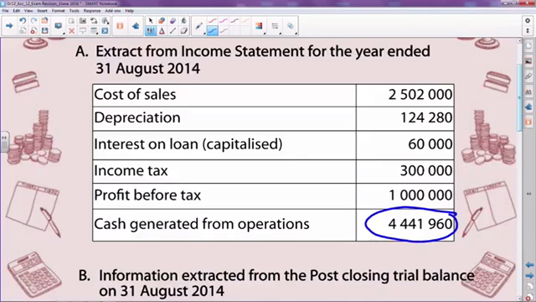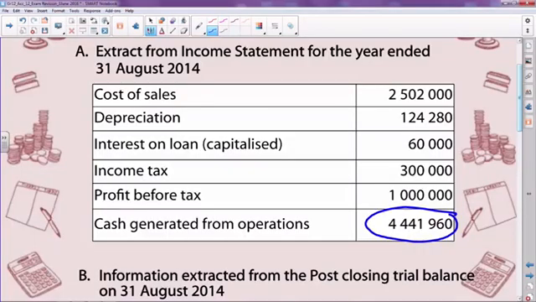That will give you your changes before working capital. You'd look at working capital: receivables, payables, and inventories. Once you've done all of that, that's the answer to note number 1, which is cash generated from operations. So in this particular question, that figure is a given.